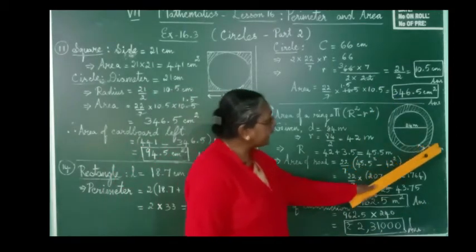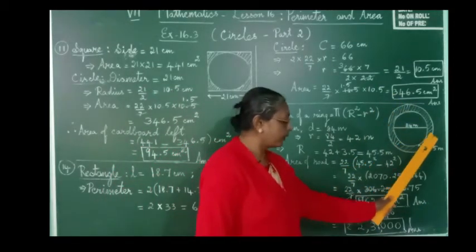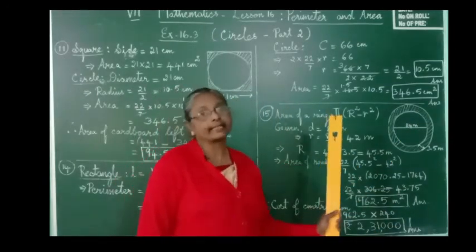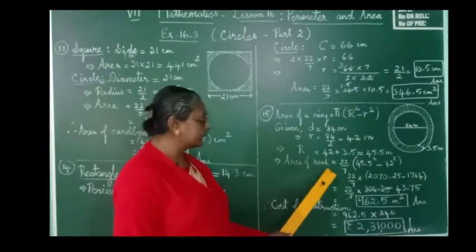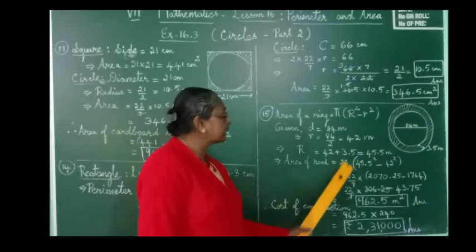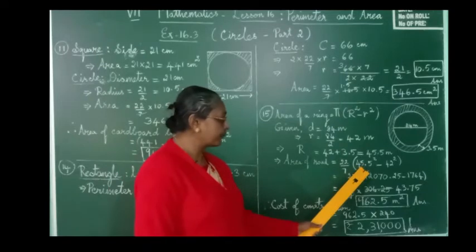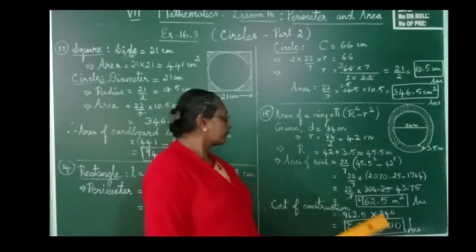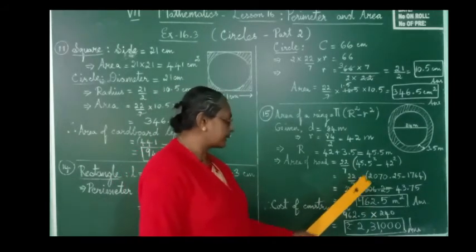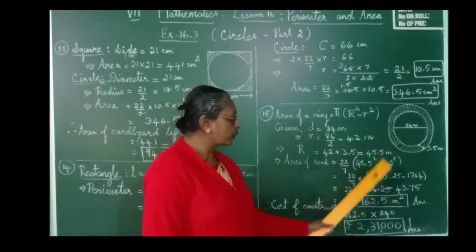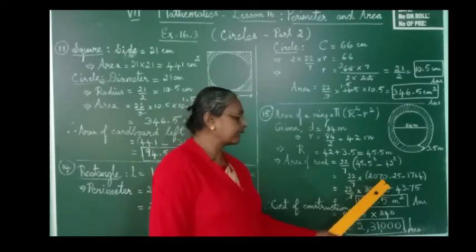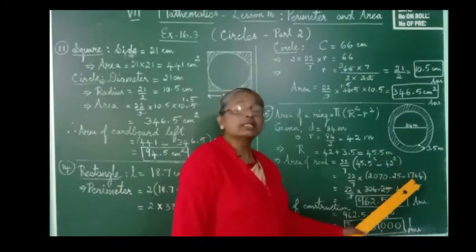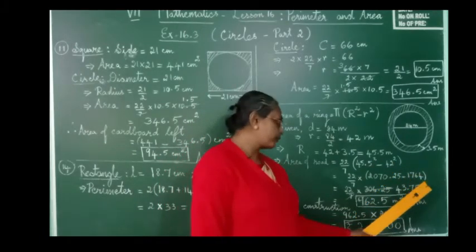Therefore, we can find the area of the road by using the formula for finding area of the ring. So, area of road is equal to 22 by 7 into big R squared, 45.5 square, minus small r square, 42 square. Which is 22 by 7 multiplied with 45.5 whole square, 2070.25, minus 42 square, 1764.